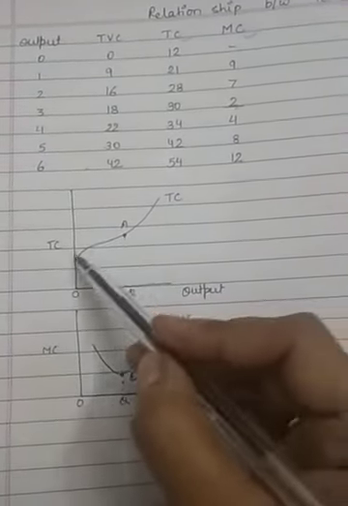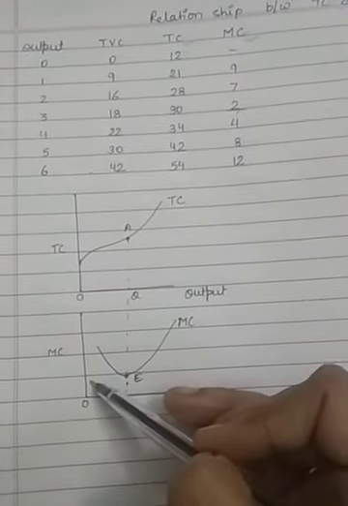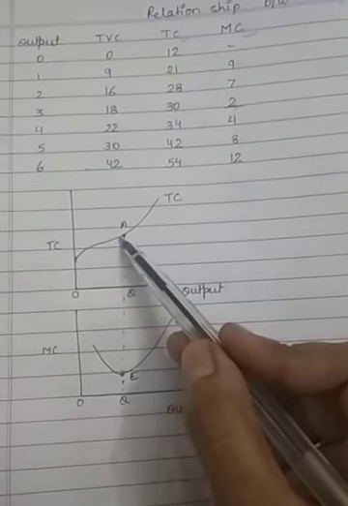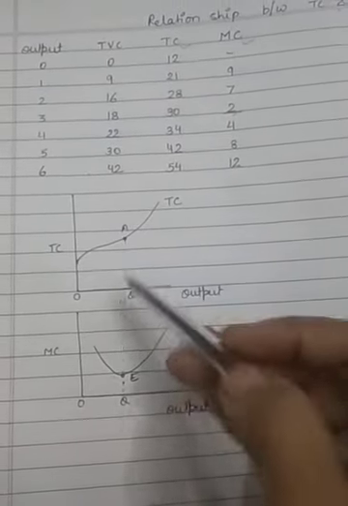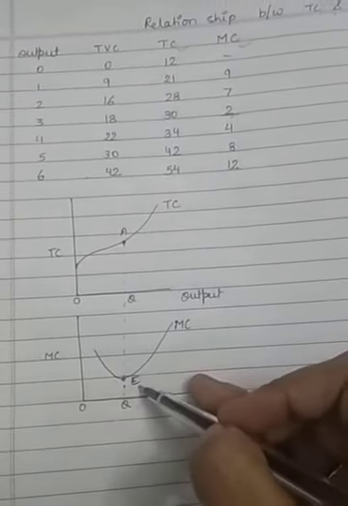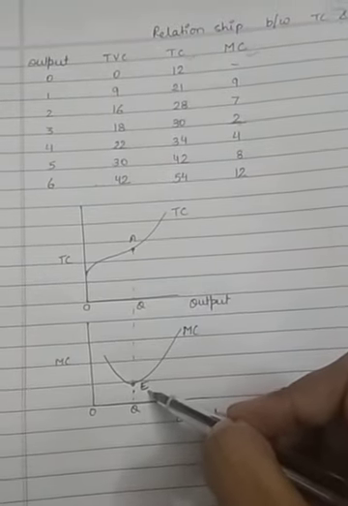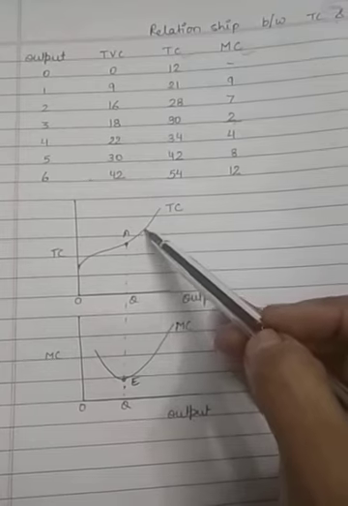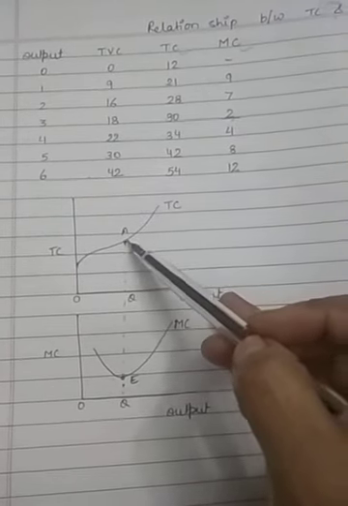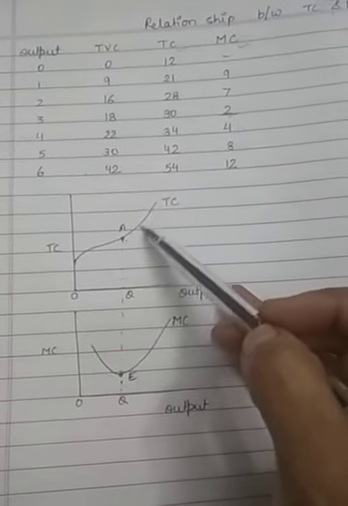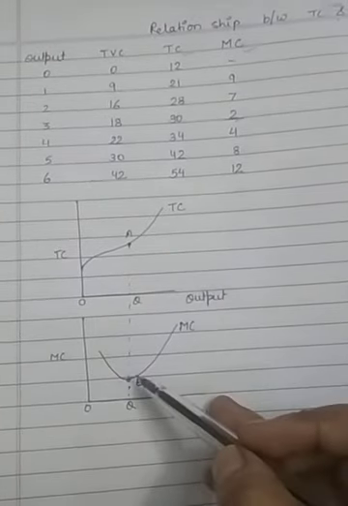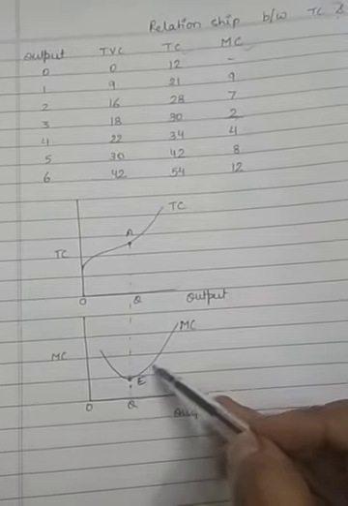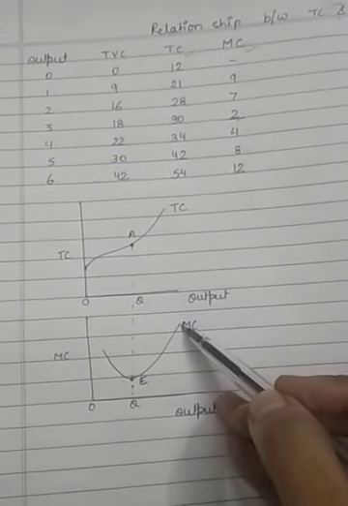In the beginning you can see that TC is increasing but MC is decreasing. So the first relationship in this portion: when TC rises at a diminishing rate till point A, MC decreases till point E. Second, when TC rises at an increasing rate beyond point A, you can see that MC also rises beyond point E. This is point E, and beyond this point E, MC also rises.